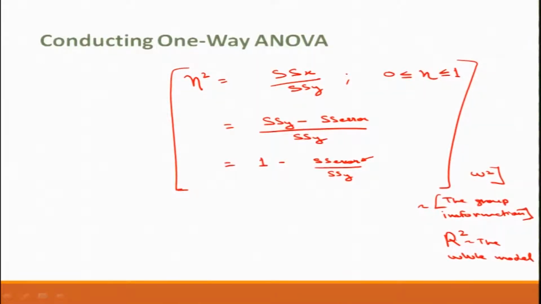So, R square and eta square are measuring two different things. R square measures the contribution of the entire model in explaining the study variation. Eta square and omega square measure the contribution of individual model terms. So, they are different. Eta square has a positive bias, so it overestimates the individual contributions.